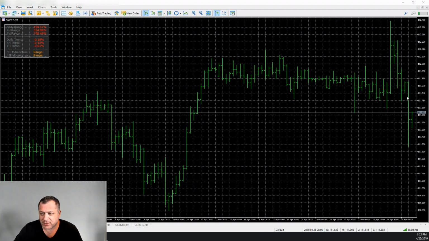You clearly see what kind of range we had. And this is an average of 354% relative to the average true range of the last 12 periods as measured by the 4-hour range.